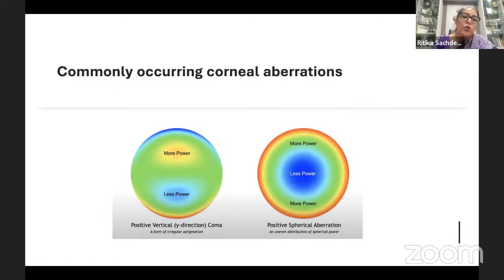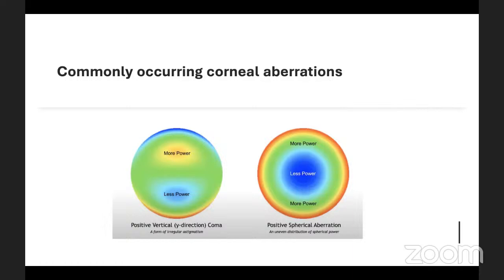This distribution also has more power on top, so it's a positive vertical coma. If this distribution had more power below, it would have been a negative vertical coma. More power below is classically seen in keratoconus because keratoconus has inferior steepening. So the classic wavefront aberration of keratoconus is a negative vertical coma, right?